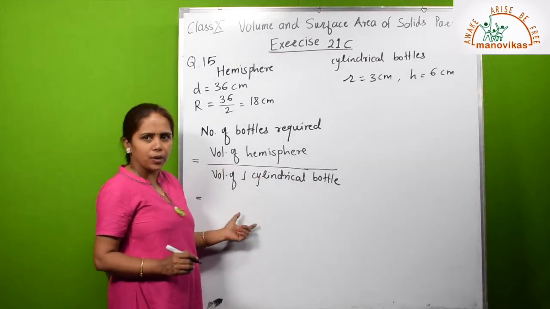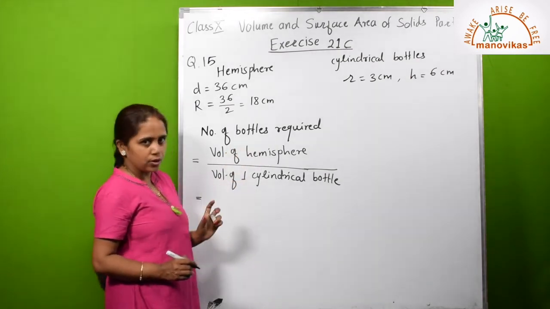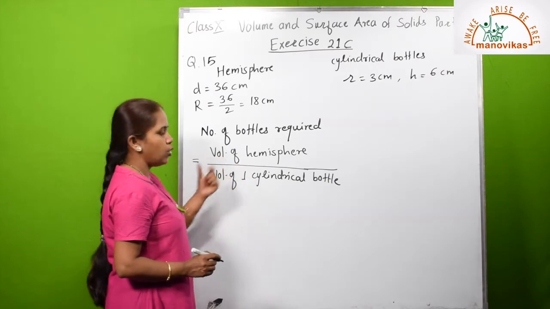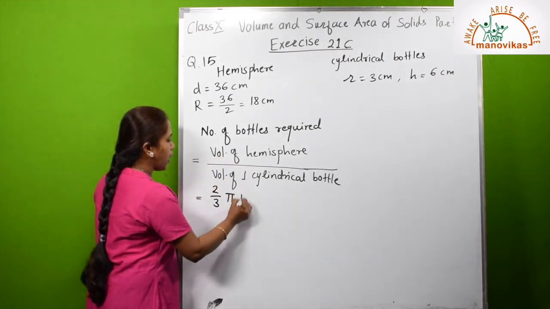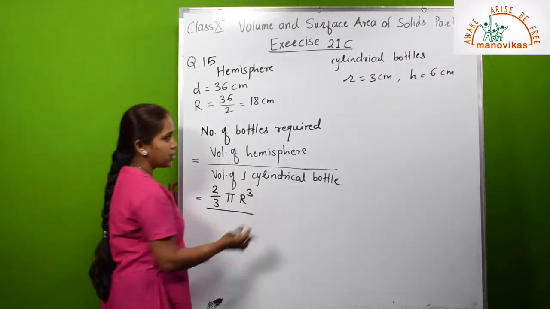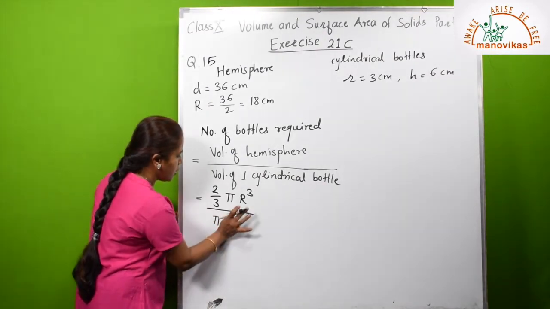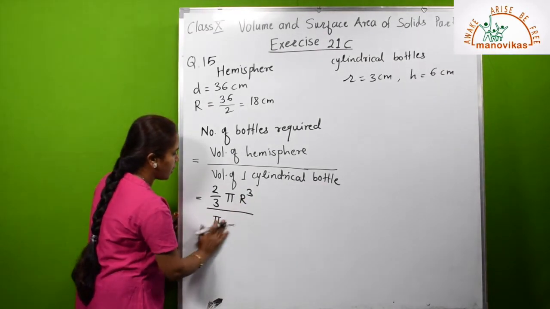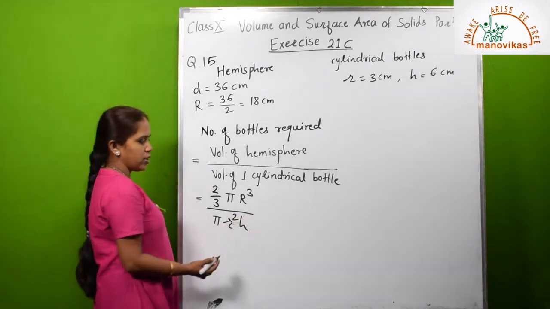Directly use the formula in these steps and then do the calculation. Now what is the volume of hemisphere? It is 2/3 pi r cube divided by volume of cylinder, that is pi r square h, where small r is the radius we have taken.